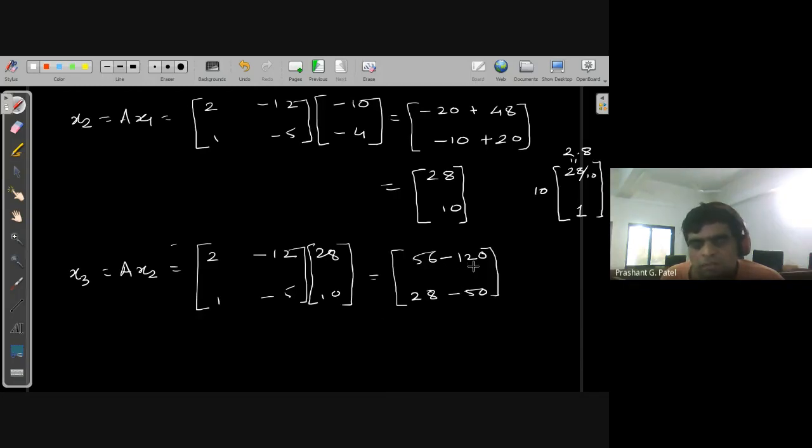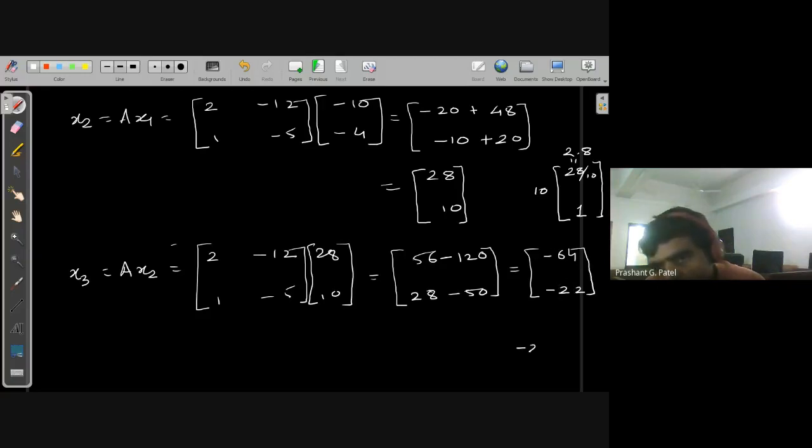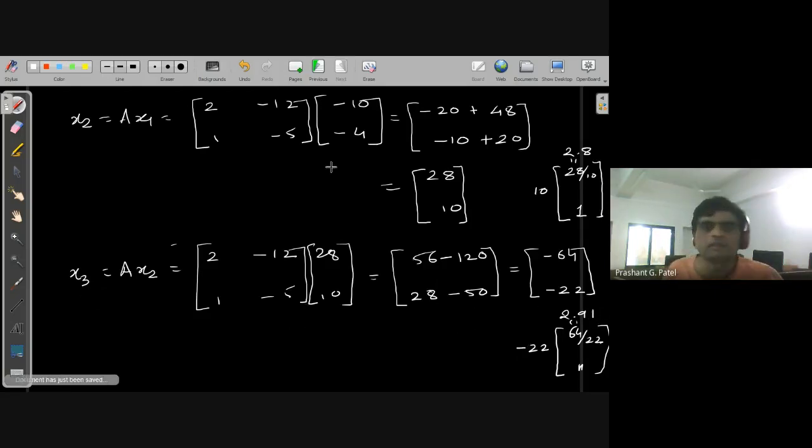So 120 minus 56 gives me 64, so that will be minus 64, and 50 minus 28 gives me 22, so this gives me minus 22. Here the largest value is minus 22, so you can take it out: minus 22 into (64 upon 22, and 22 upon 22 which is 1). 64 upon 22 in the calculator gives me 2.91. So this is the value you can have. This gives me x3.